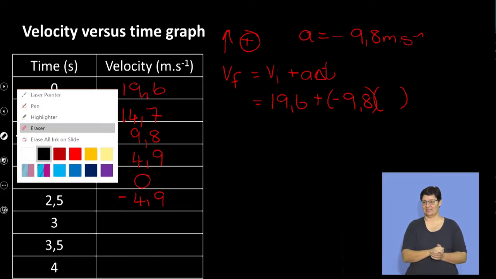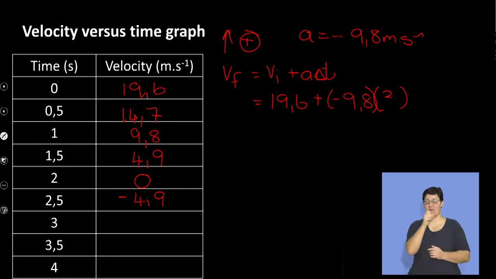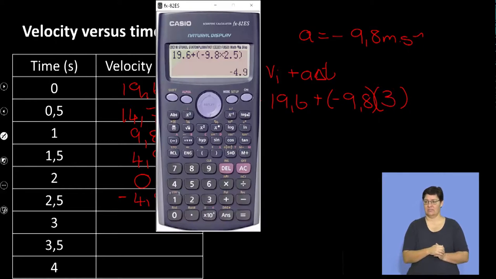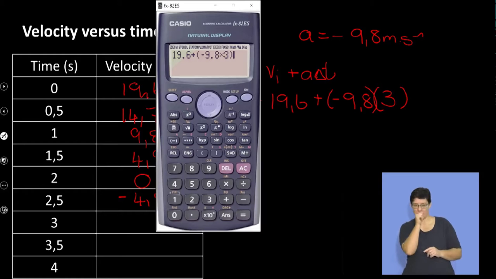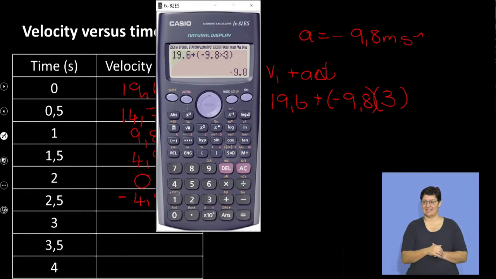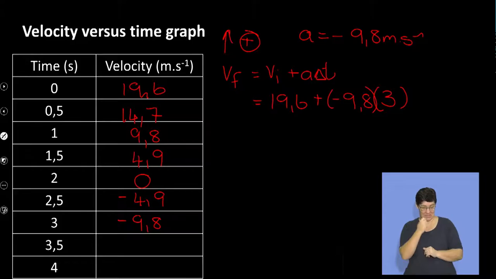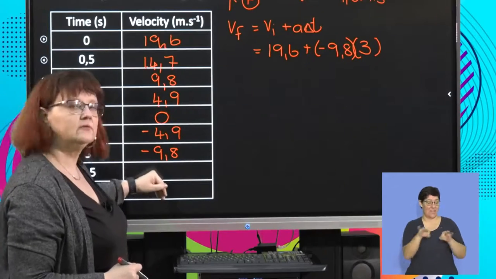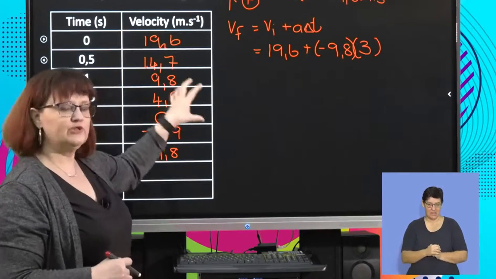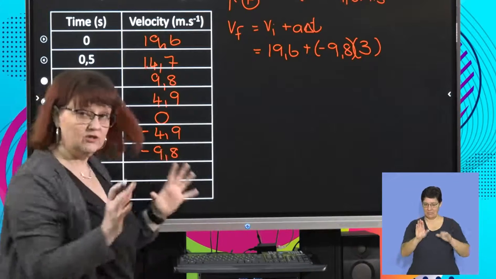If I now take this and make it 3, there we go. I'm hoping some of you can take a guess as to what my new value is going to be. Ooh, minus 9.8. Are you starting to see what's happening with these values as I go down? That there's some sort of symmetry, and that's good. It's what we want.